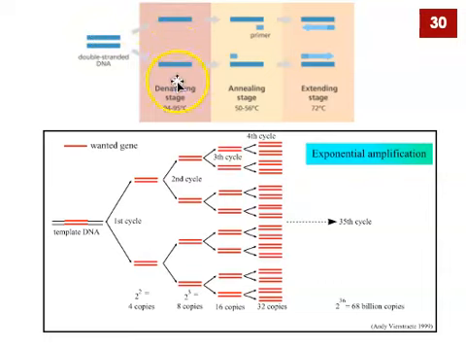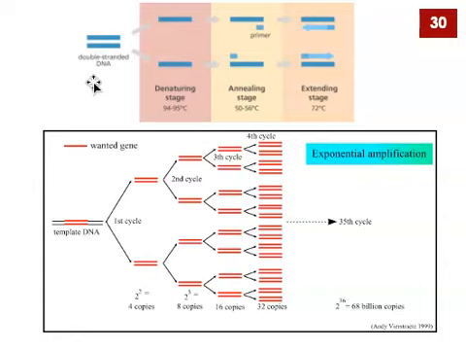We're going to separate the strands, that's denaturation. Then we're going to put the primers on, that's primer annealing. Then we're going to build new DNA, that's extension. Now we've gone from one double-stranded piece of DNA to two double-stranded pieces of DNA. The process repeats. We're going to go from 2 to 4. Then the process repeats.